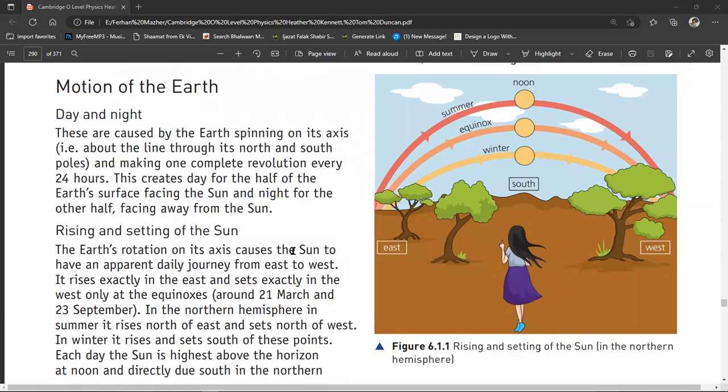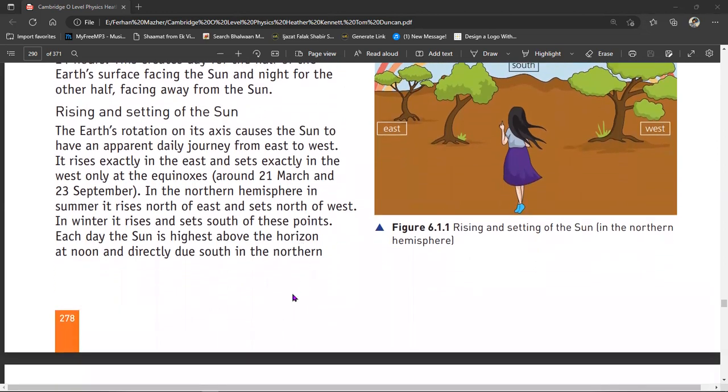Motion of the Earth, day and night: these are caused by the Earth spinning on its axis, that is, about the line through its north and south poles, and making one complete revolution every 24 hours. This creates day for the half of the Earth's surface facing the sun and night for the other half facing away from the sun.